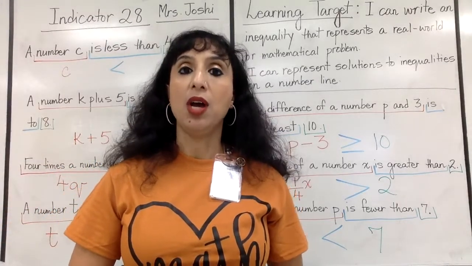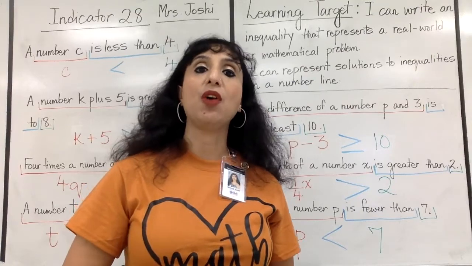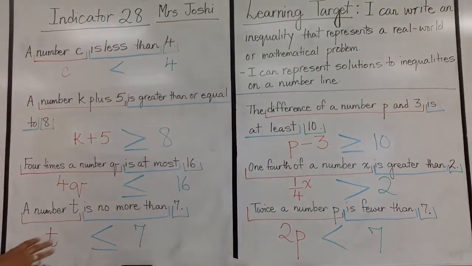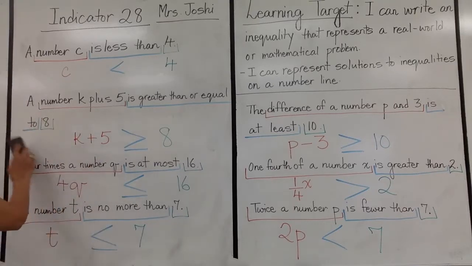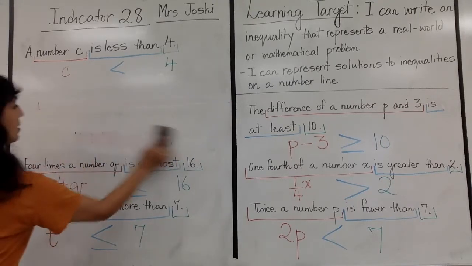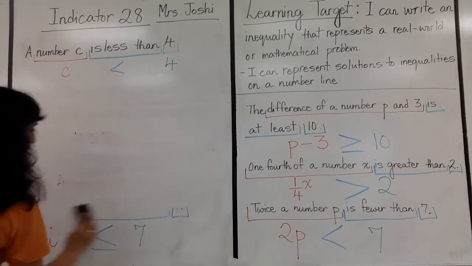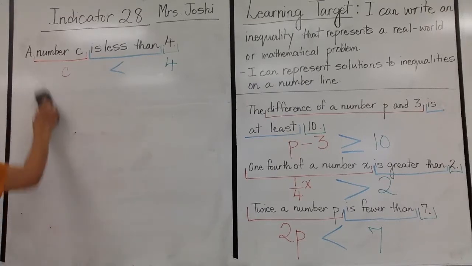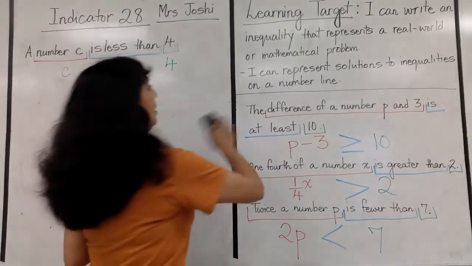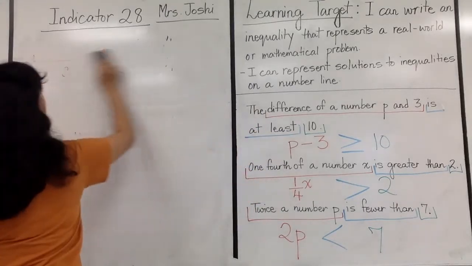Okay, so this is how we write an inequality from the word sentences that are given to us. Now I'm going to show you how you graph this. Let me go ahead and erase this. Oh, and that red is making some mark over here.